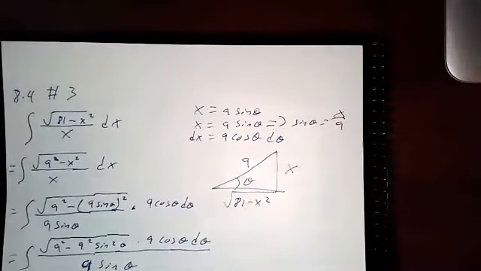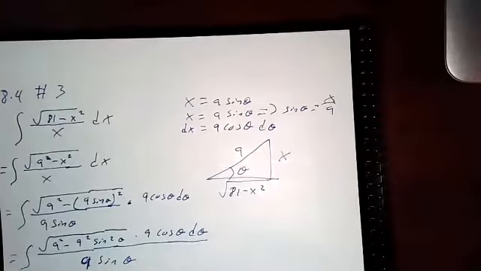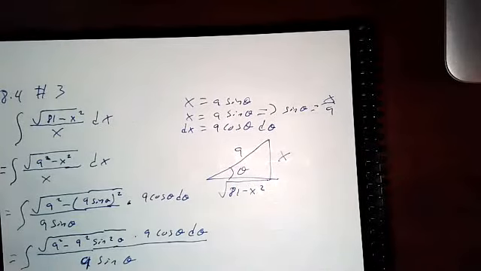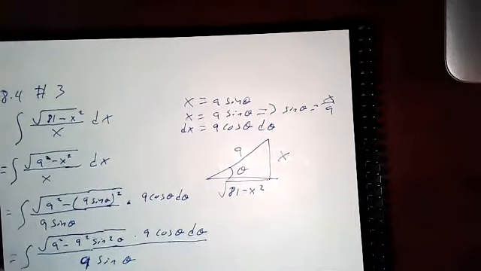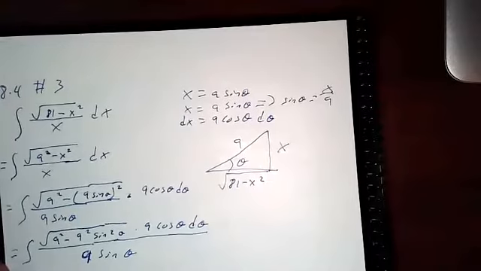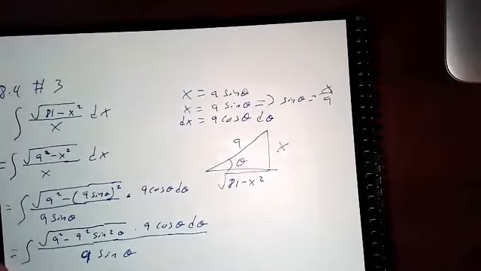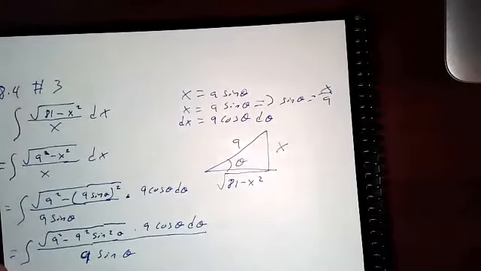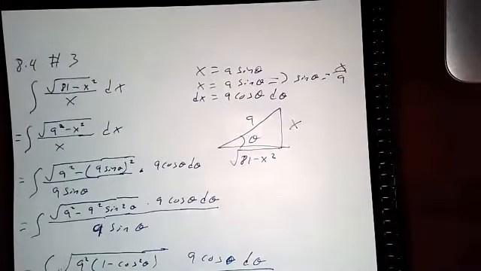Oh, shoot. Should be factoring 9 squared here. So this is really a 9. One mistake. Yeah, that's fine. There's an X down there.